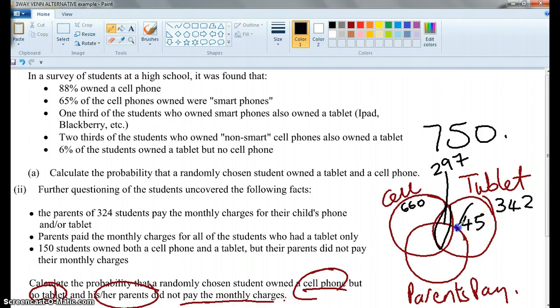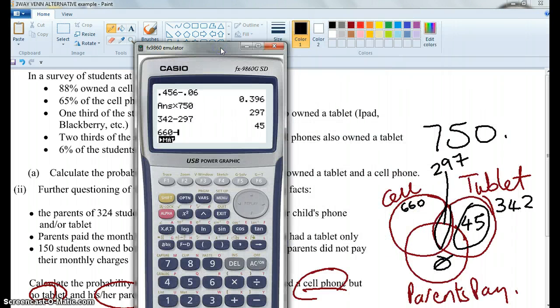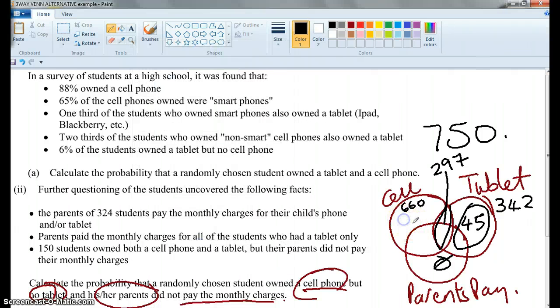We don't know if the parents pay or not. Okay, in no case do parents pay for nothing, so there's a 0 there. And the 660 is that whole area, so we know our 660 less our 297, we know there's going to be 363 in here.